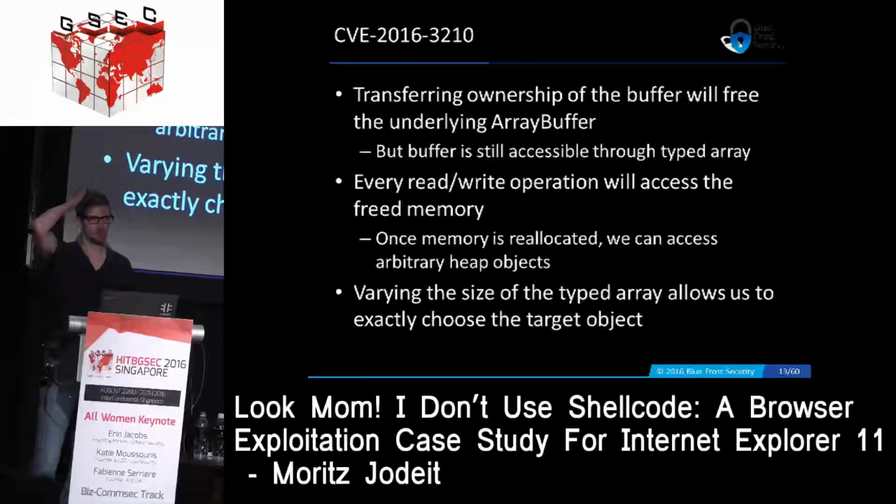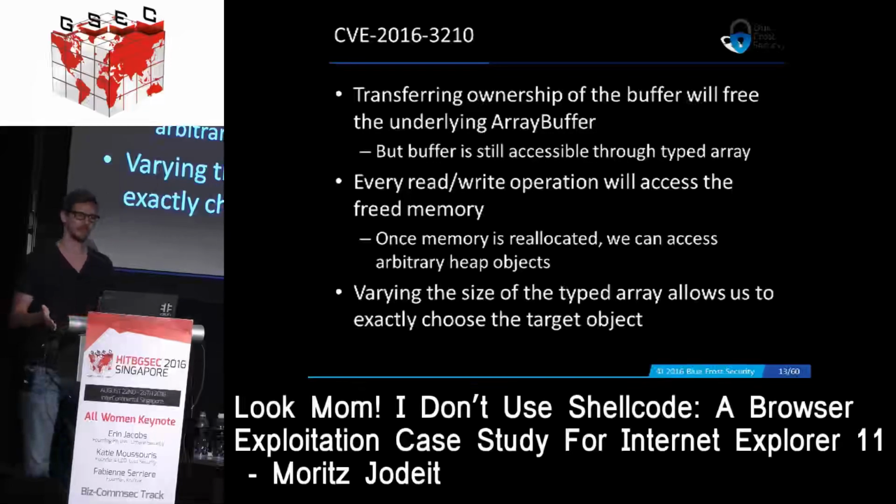As I said, this is a pretty powerful bug because compared to other use-after-free bugs where you need to find a certain target object of exactly a specific size, in this case we control the size of the freed memory.